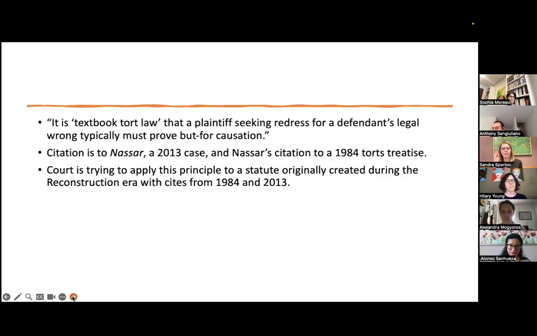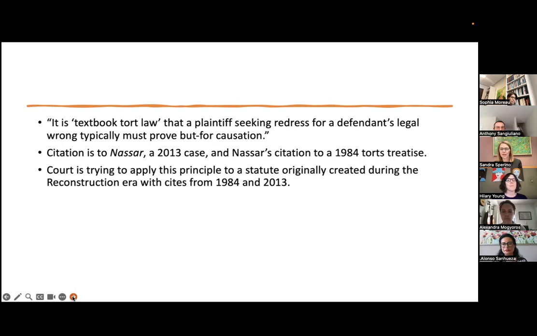So in Comcast, we get this articulation that it's textbook tort law that a plaintiff seeking redress must typically prove but-for. And for the ancient rule with a long pedigree, here are the citations, just in case you're curious: a citation to Nassar, which is a 2013 case, and then Nassar's citation to a 1984 treatise.